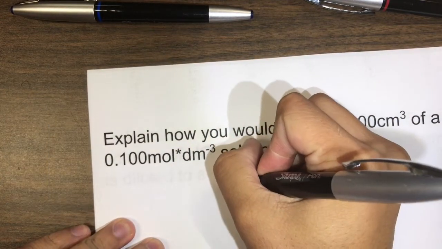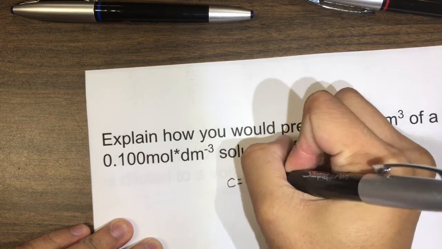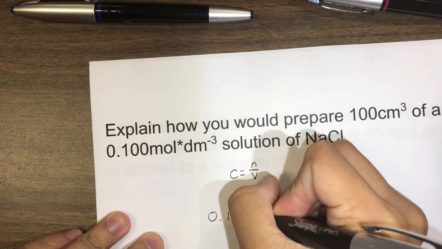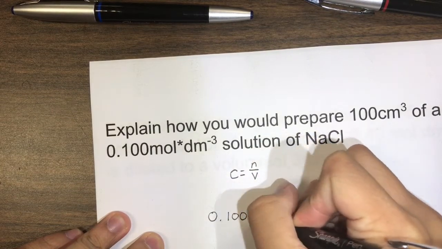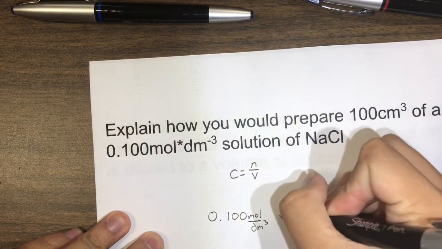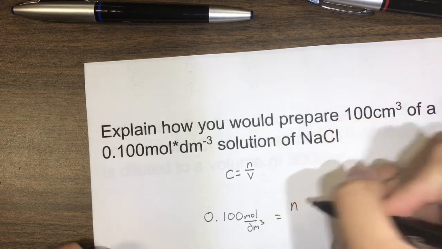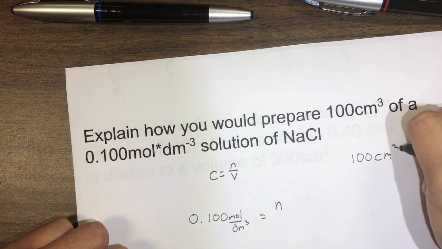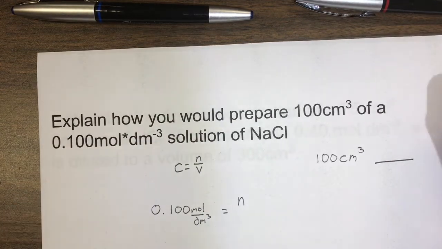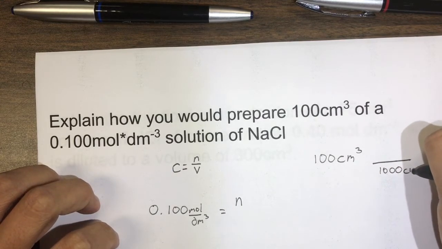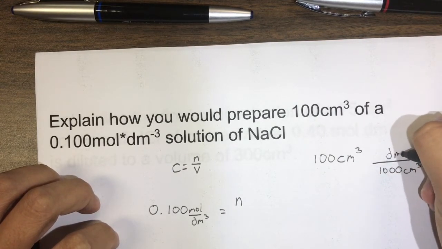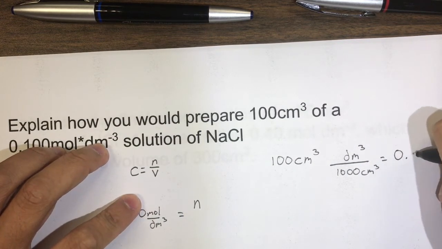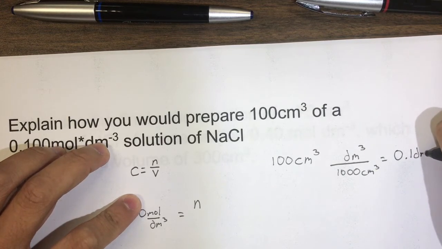So we know concentration is equal to the number of moles over volume. So the concentration is 0.100 moles per decimeter cubed, and this is equal to our moles over the volume. Now our volume is 100 centimeters cubed. We know that there are 1,000 centimeters cubed in a decimeter cubed, so this is going to be 0.1 decimeters cubed.